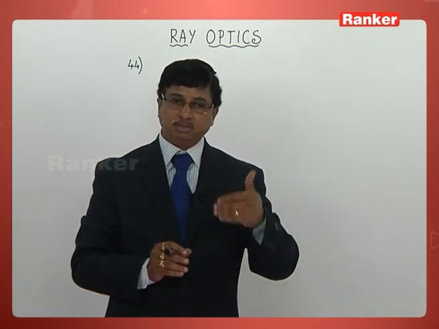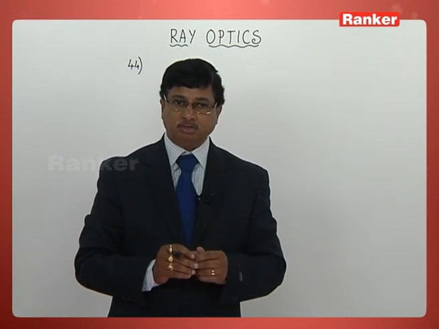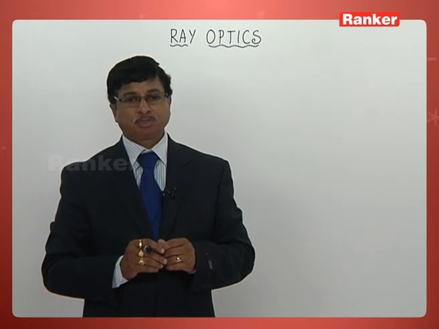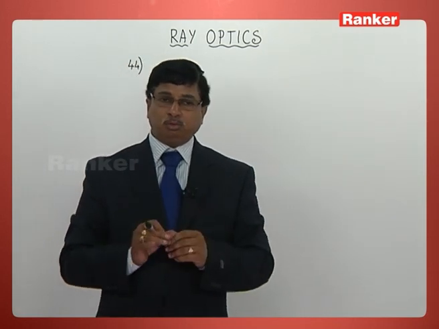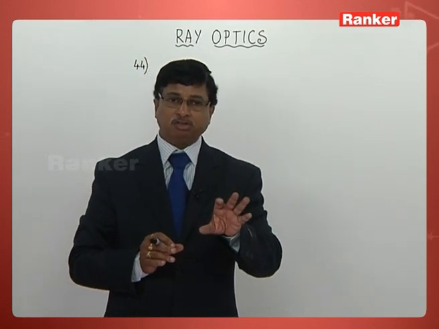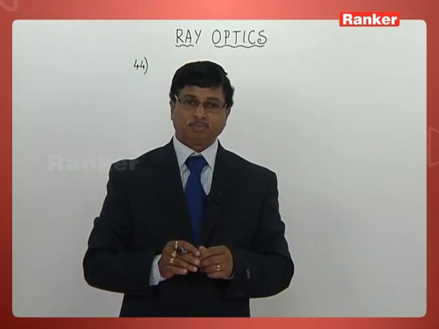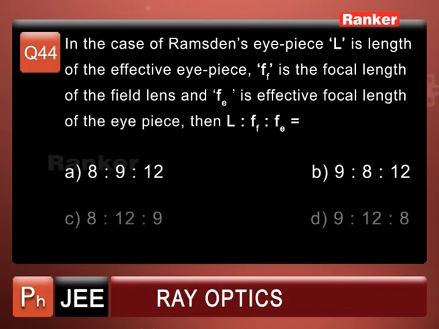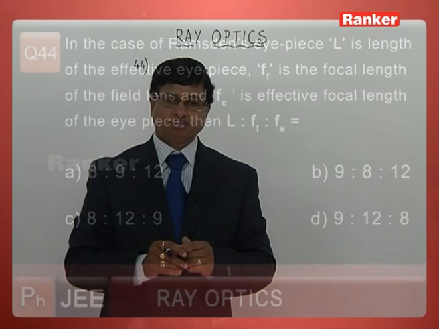One is by Ramsden, that's called Ramsden's eyepiece. One is by Huygens, that is Huygens eyepiece, what we call it. But out of these two, the Huygens eyepiece, when we consider, minimizes both the aberrations to the extent possible. Now this problem 44 is directly based on Ramsden's eyepiece. In the case of Ramsden's eyepiece, L is the length of the effective eyepiece.